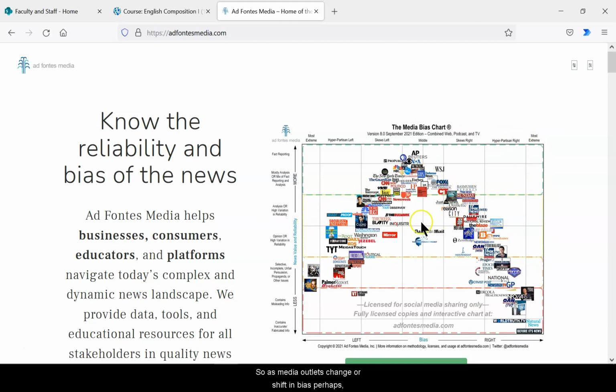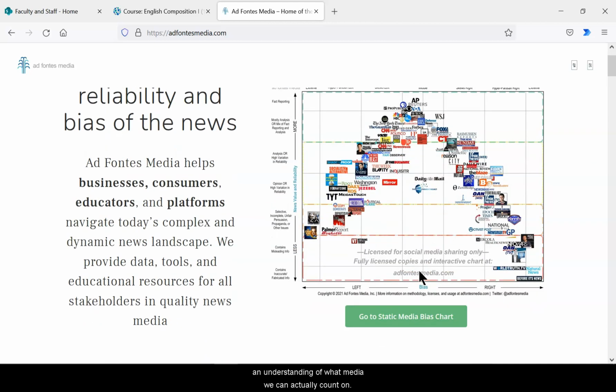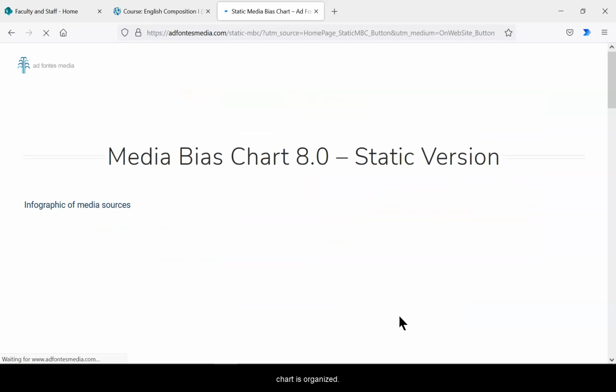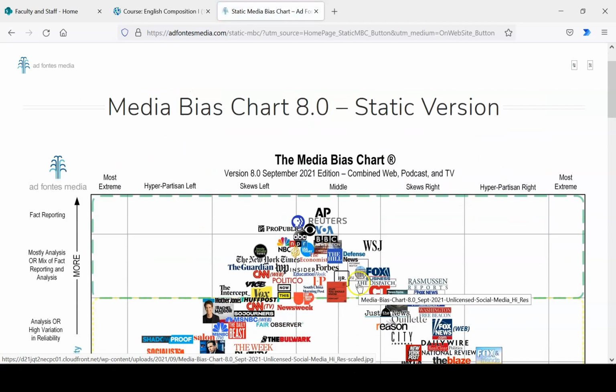So as media outlets shift in bias, perhaps, the makers of this chart keep track, keep analyzing the sources, and keep providing us with an understanding of what media we can actually count on. So I'm just going to start by showing you how the chart is organized.